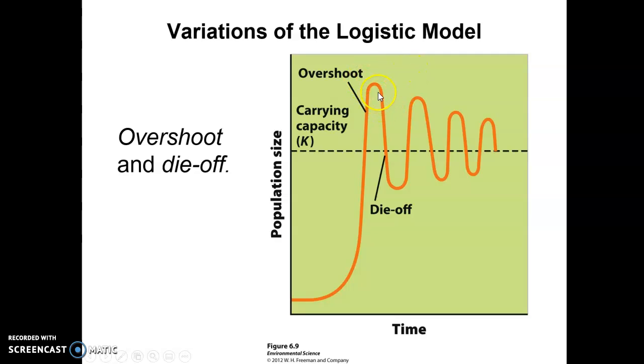They don't have enough food for the size that the population has grown to, and so then that population will experience a die-off. Often what has happened in the past is there's an overshoot and then a die-off, and then a little bit of an overshoot again, a little bit of a die-off, and so forth, until eventually that population comes into balance with the carrying capacity for that population.